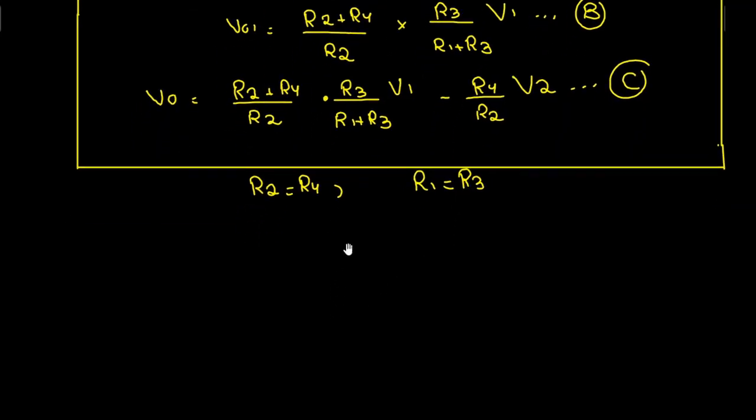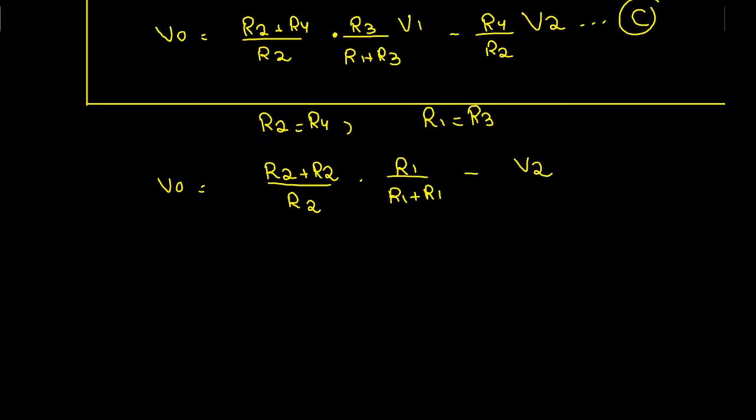So in place of R4 I can write R2, and similarly, in place of R3 I can write R1. So this will be R1 plus R1, and minus R4 divided by R2 becomes minus V2, because the 1 and 1 will be cancelled out, and the R2 and R2 will be cancelled out.